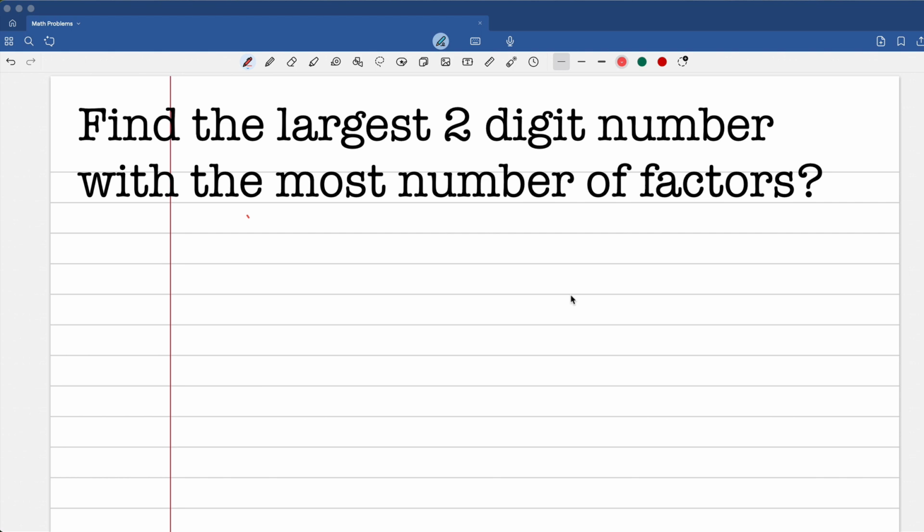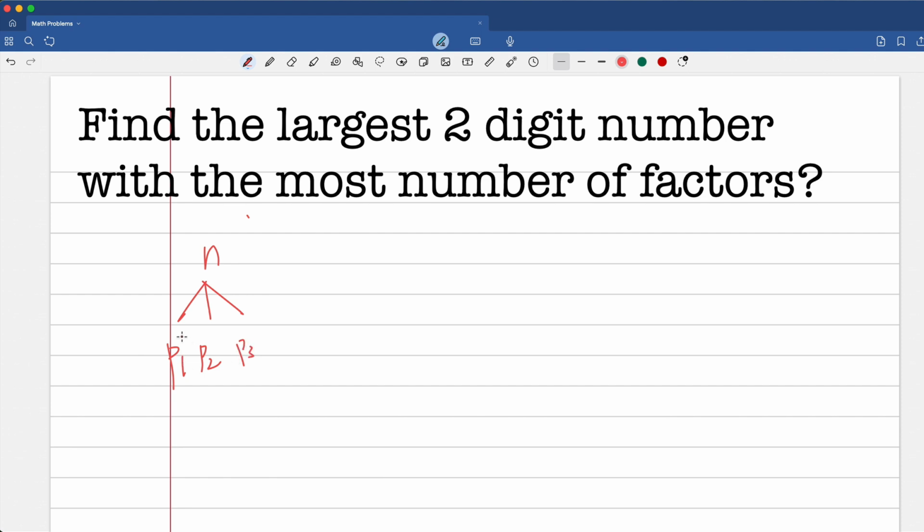So I hope you watched last week's video, which was about how one can figure out the number of factors for any given number. Just to quickly recall, every single number can be broken down into its prime factors, P1, P2, P3, let's say.